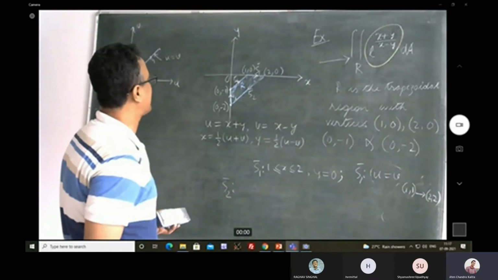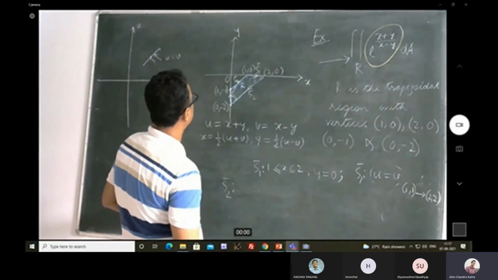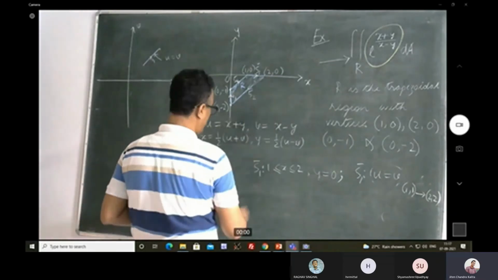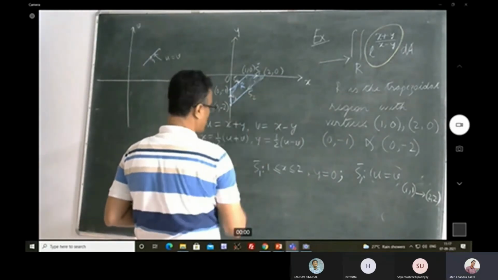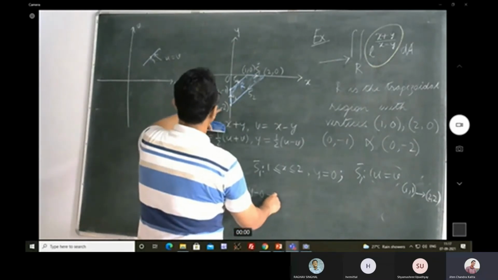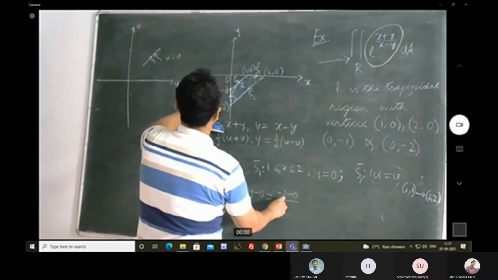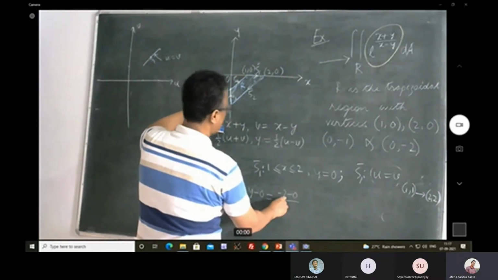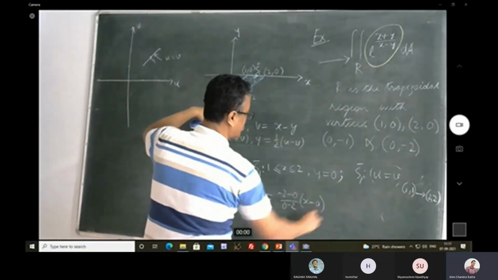Now, if you look at S2, this is a straight line, and the equation of this straight line is, if I consider this point, it passes through 2, 0. So y minus 0 equals minus 2 minus 0 divided by 0 minus 2 into x minus 0, isn't it?